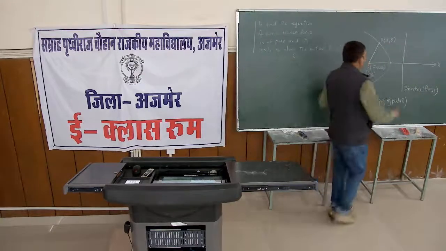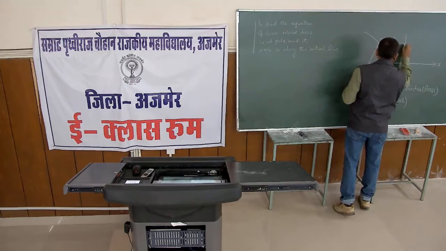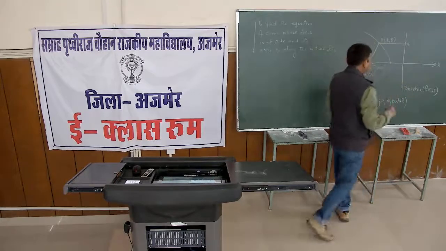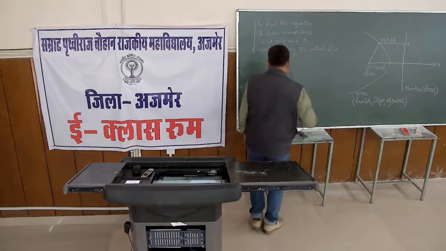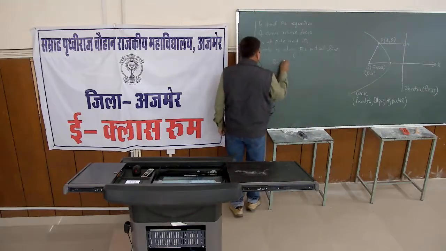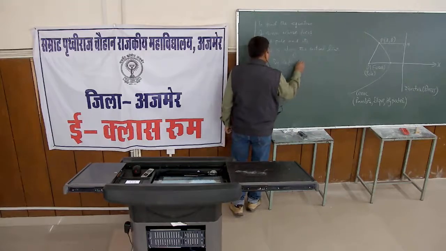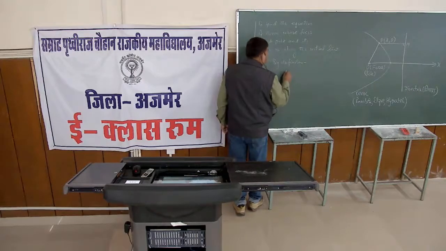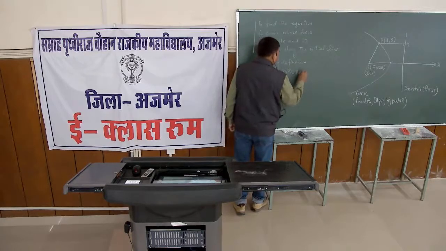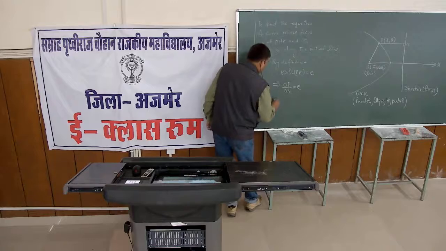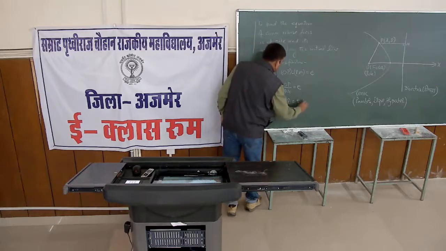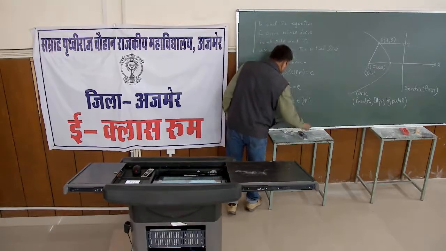The distance of a point from the line is always perpendicular. Let us suppose it is M. So, by definition, OP upon PM equals e, which implies OP equals e times PM.